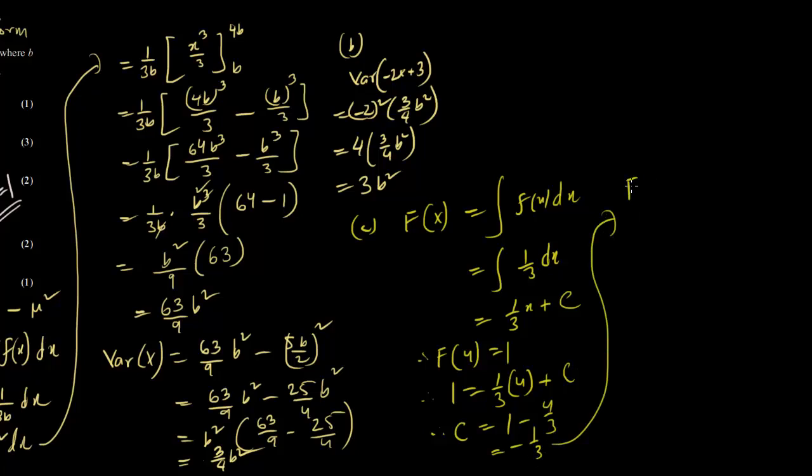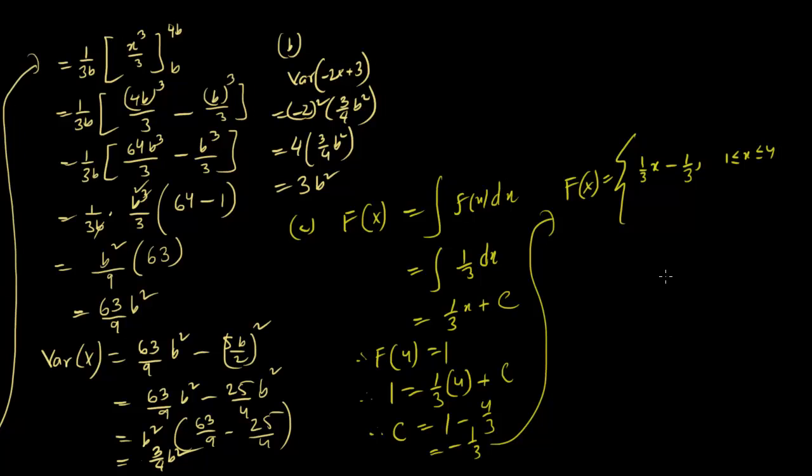Now we have to define this. So this would be 1 by 3 x minus 1 by 3, and the limit is from b to 4b, that means 1 to 4. Below this, less than the lower limit, it would be 0, and after this, greater than 4, it would be 1. So that is the complete definition of the CDF.